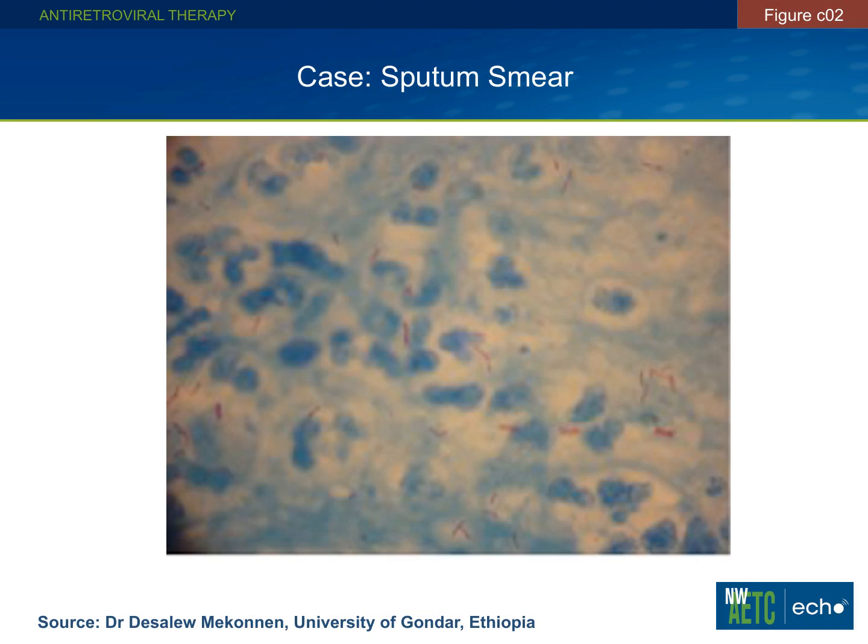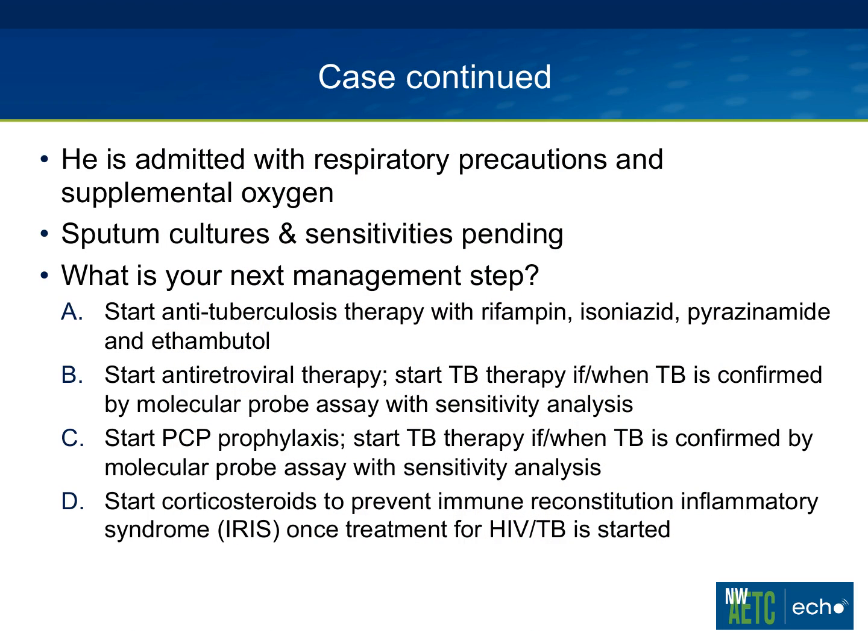And you are able to obtain a Ziehl-Neelsen stain of the sputum, and you see acid-fast bacilli in the sputum. So all of this is highly suggestive of tuberculosis, of course.